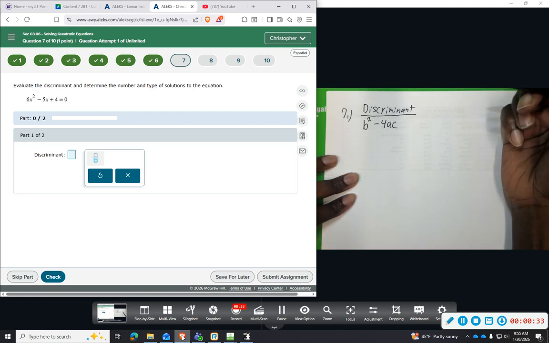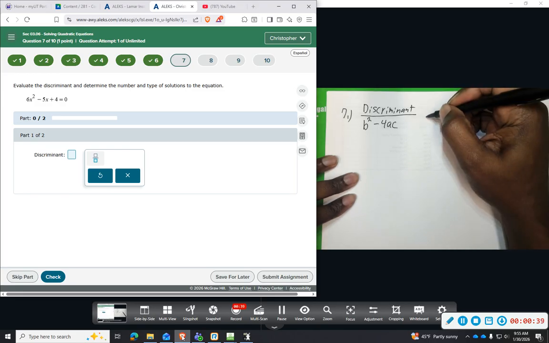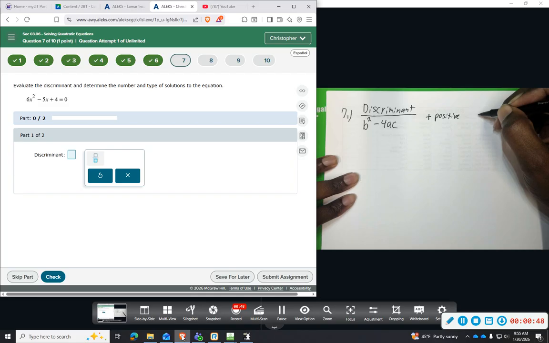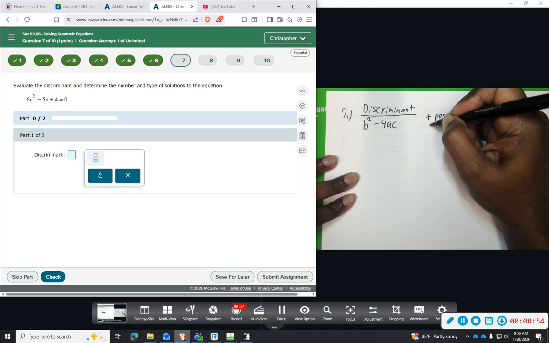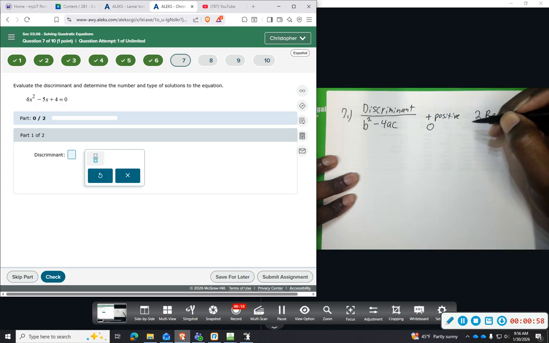And what we're looking for are 3 different scenarios. If the discriminant is positive, that means we will have 2 real solutions. If the discriminant is 0, so if we do this and it ends up 0, we would have 1 real solution.